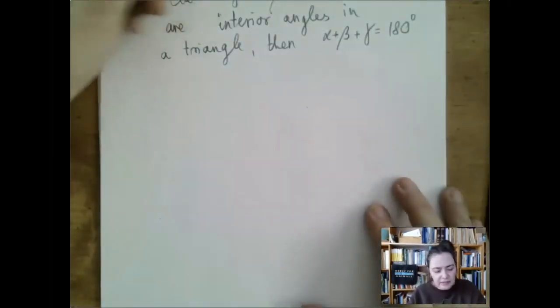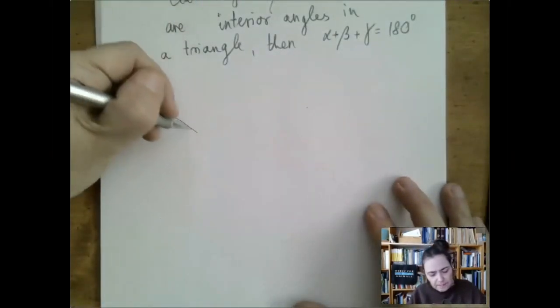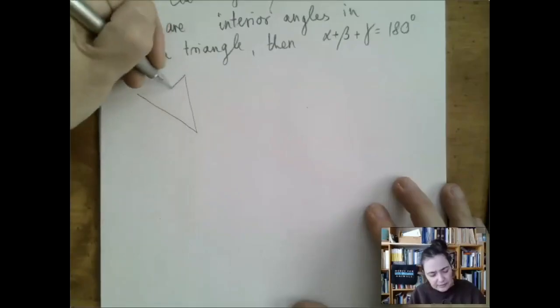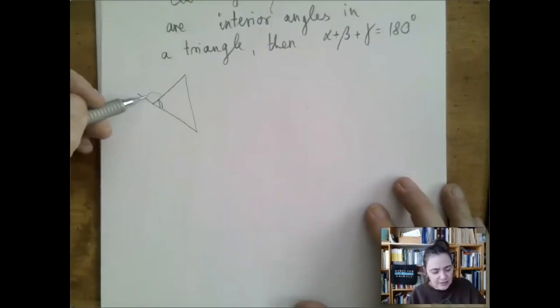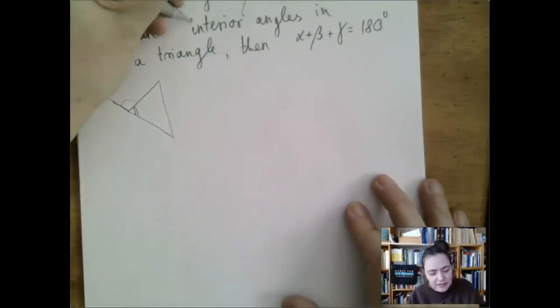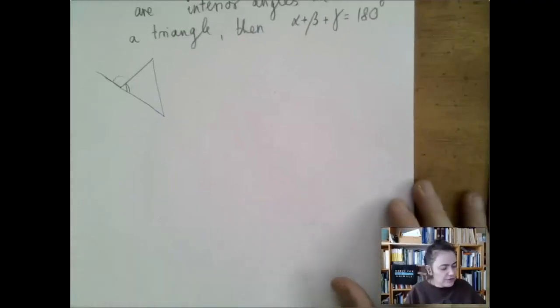The word interior is kind of goofy. You don't have to ever worry about it. This would be an interior angle, and then this would be an exterior angle. I shouldn't even have included it. All right, so we're going to prove this fact.